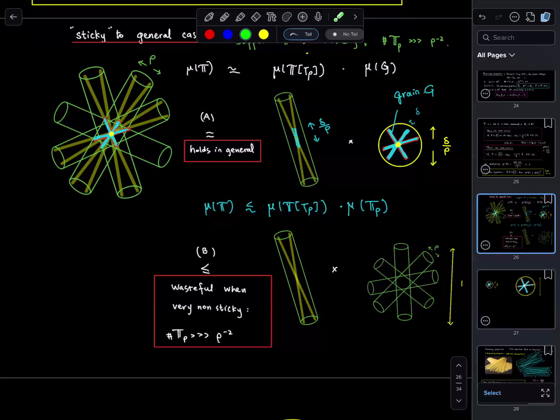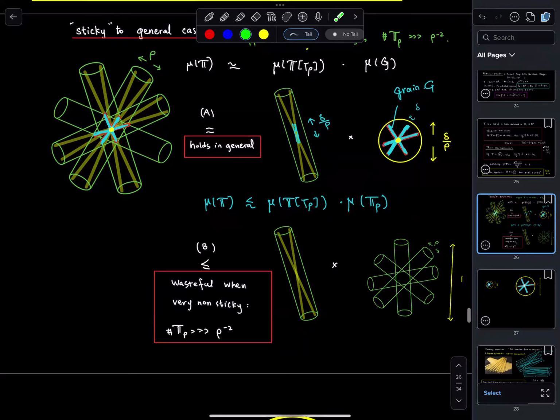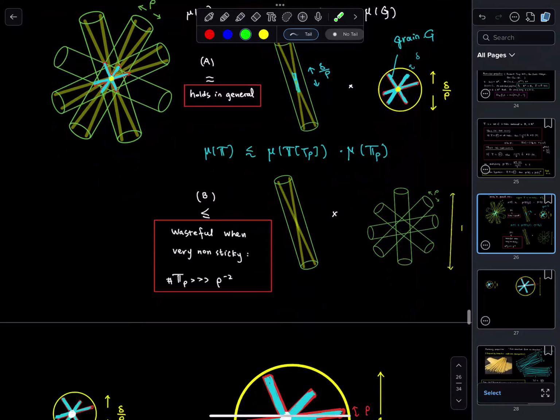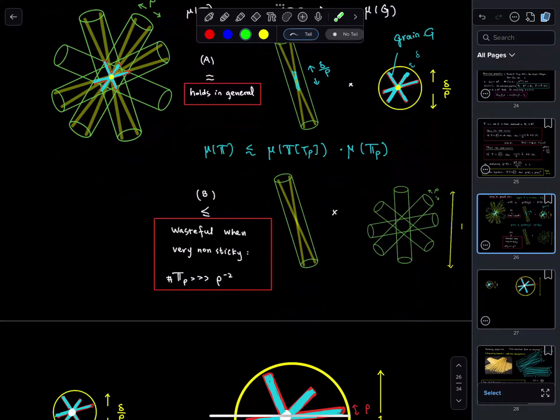So in the second decomposition, even if we apply the best possible bound for the multiplicity, the number of rho tubes through a point, this is still going to be too bad. And that is the key difficulty in the past when people think about the general Kakeya problem: in the non-sticky case, even the best possible bound is not enough.